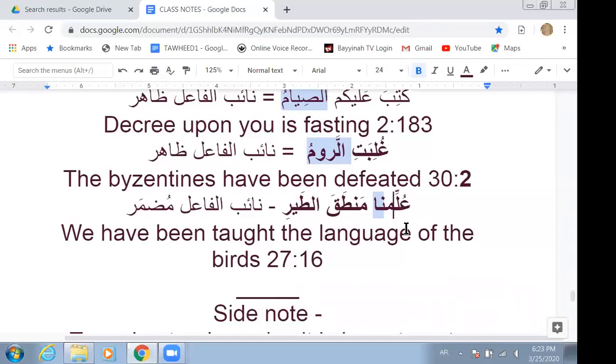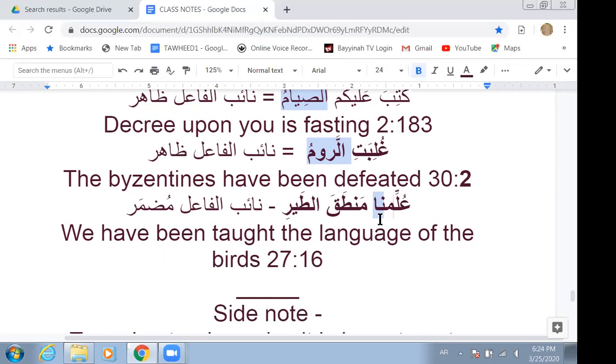Ulimna mantiqat-tayr. Okay. The translation will be, we have been taught the language of the birds. So here we don't see anything after the fi'il in the rafa status, but after ayn, lam, mim, which are the root letters, we say that noon alif is extra. We have discussed that whenever we have this noon alif, that is going to become the outside fa'il.